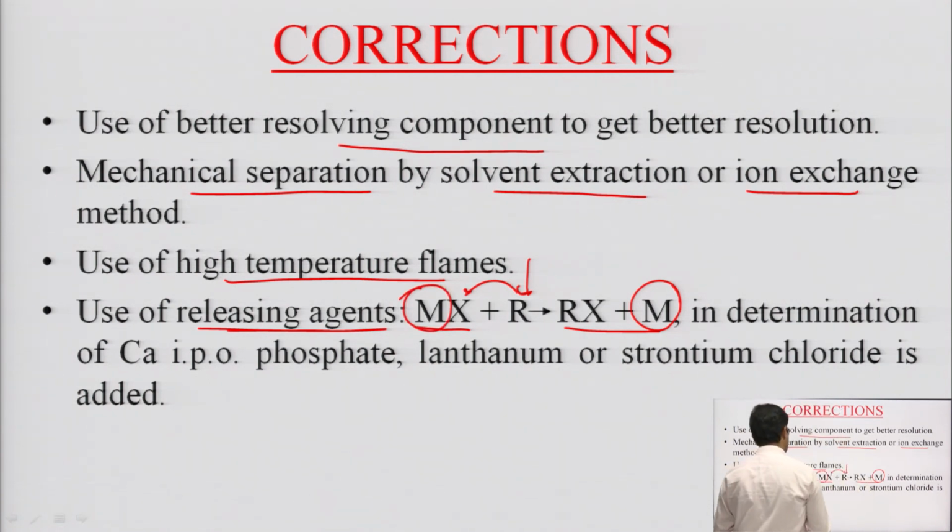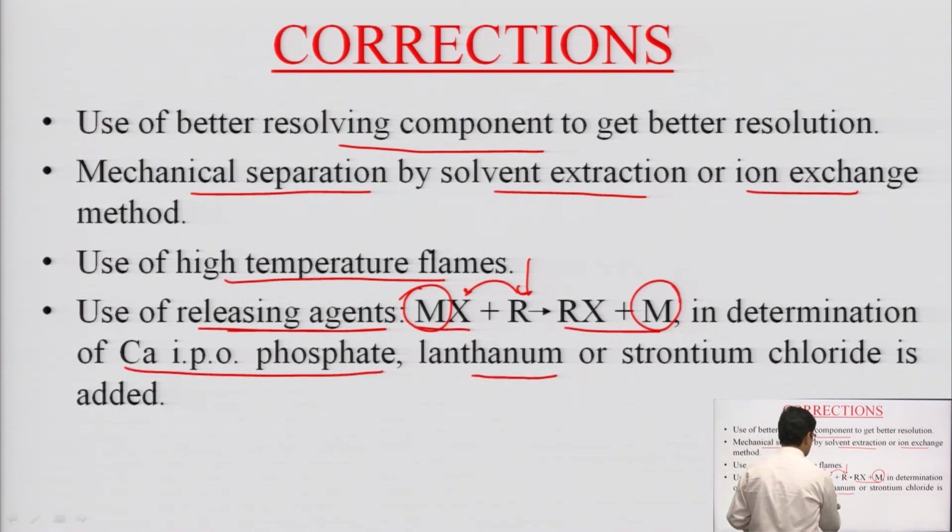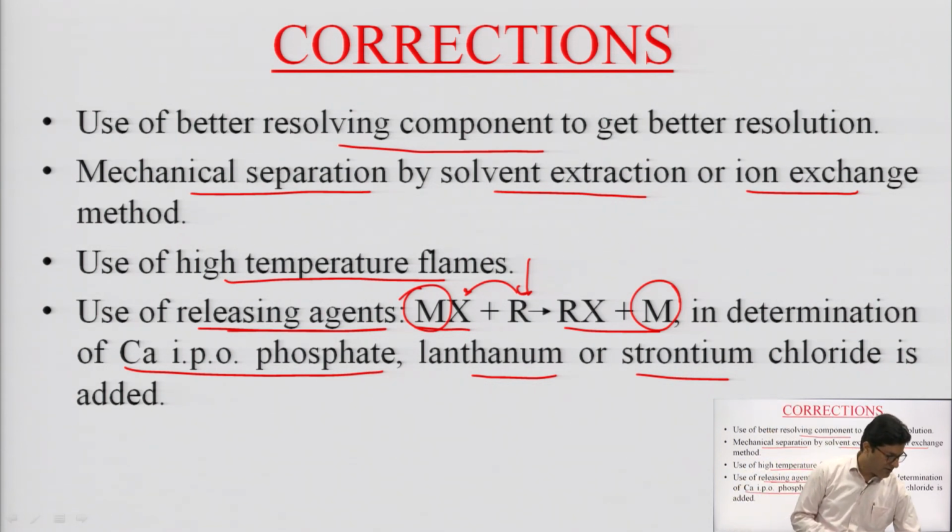To take an example, for calcium in the presence of phosphate, lanthanum or strontium chloride is added. When calcium and phosphates are interacting with each other, lanthanum and strontium can be added as a releasing agent.